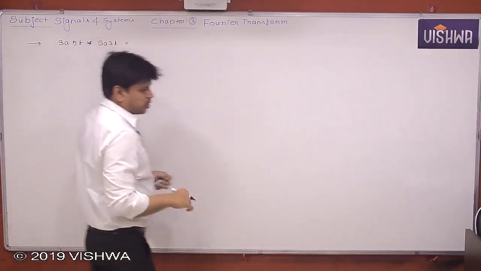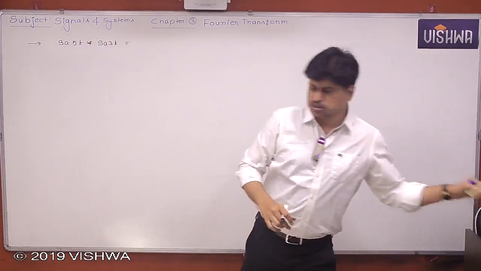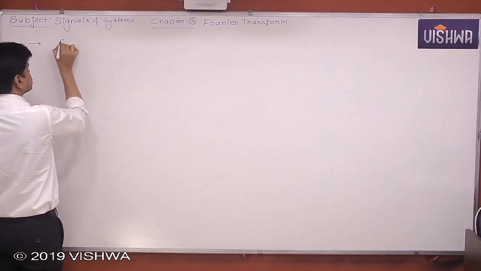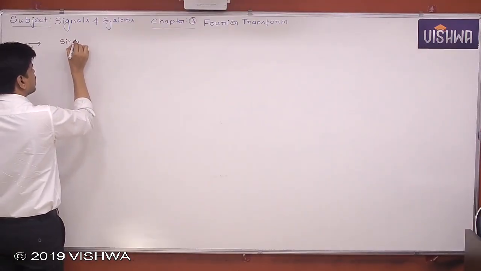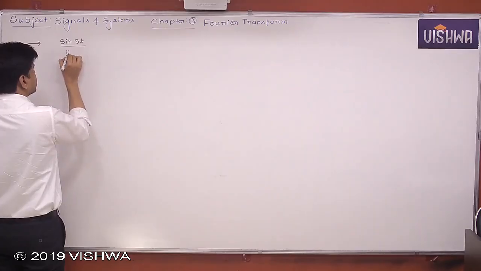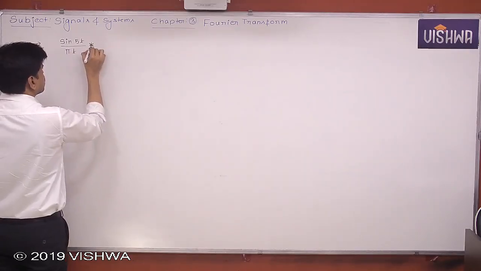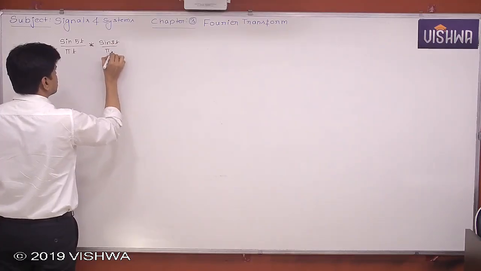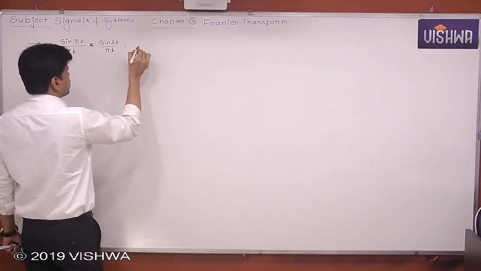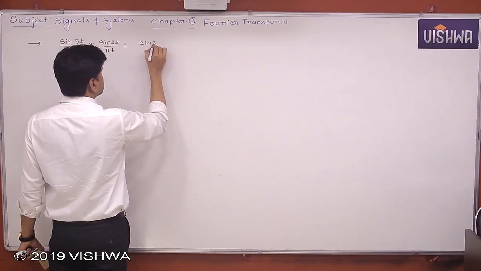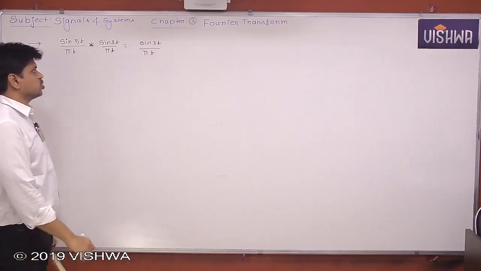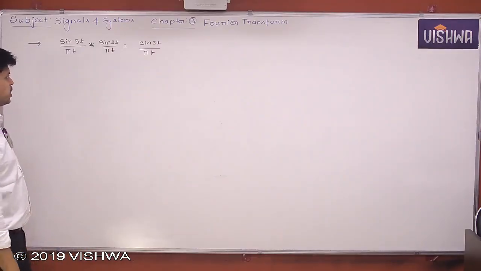Before going to that, let's see sine 5t by pi t convolution with sine 3t by pi t. What we are going to get is the same as sine 3t by pi t. So this is the standard model. Whichever is the smaller one, that's what we have to consider.